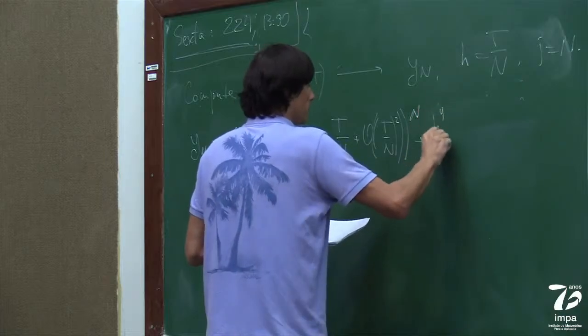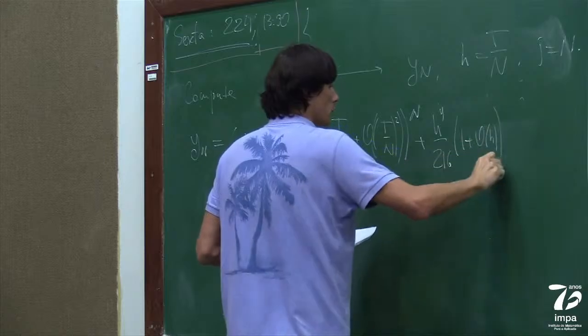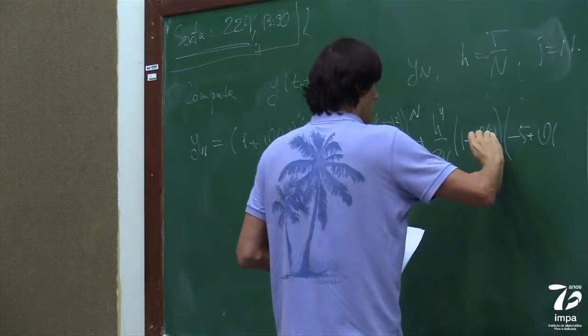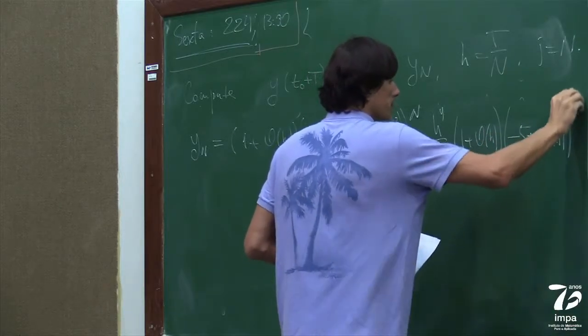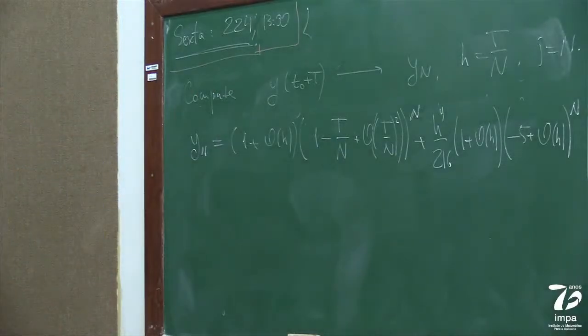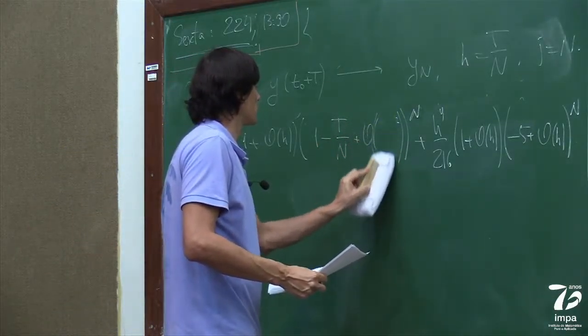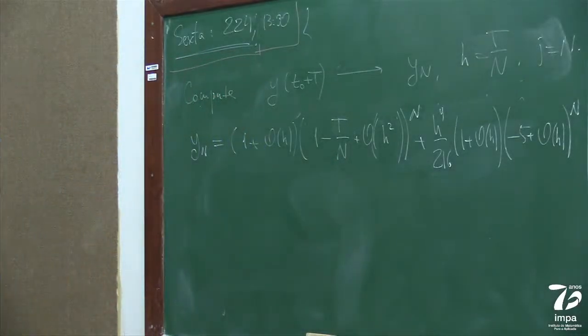Plus h4 216 h. So this is h squared. Let's just keep it as it was. Okay, good.